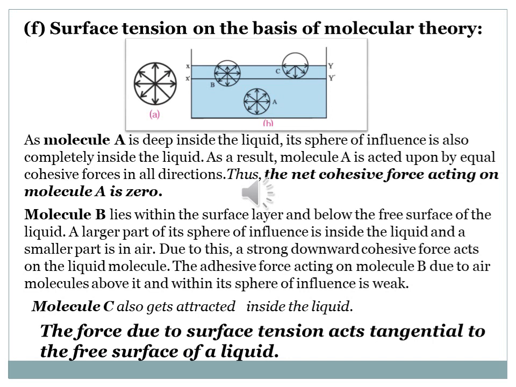It is always under tension, because all the molecules inside the fluid are acted upon by a force. They always try to attract the molecules which are in their range. So the surface film is under tension and it acts like an elastic membrane.